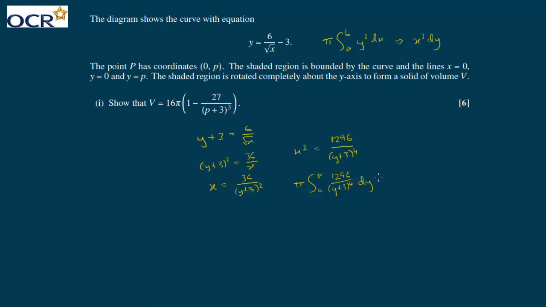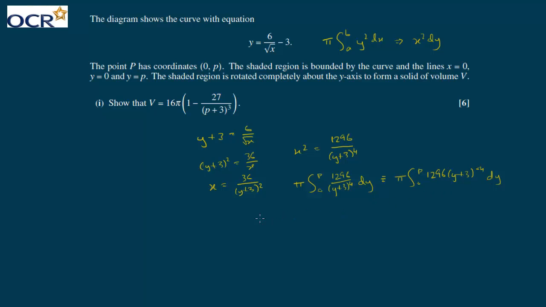Okay, so you might find it a bit easier to integrate this equation if you write it in a slightly different way. So we can say that's equivalent to, 3 lines mean equivalent to, 1296 y plus 3 to the minus 4 dy. Okay.